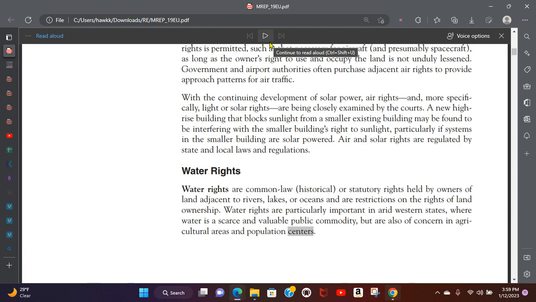So when you hear about wildfires, you hear about all these things, you revert to this. Water rights, especially if you're in the West, where it's dry and scarce and valuable to the public, but are also of concern in agricultural areas.